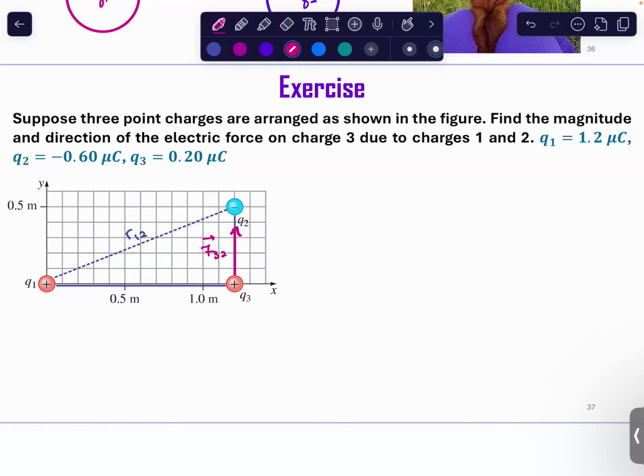It's going to go the other way, because they're both positive, so they're repulsive. And when one of your point charges sits on the point you're interested in, you don't even have to include it in the calculation.